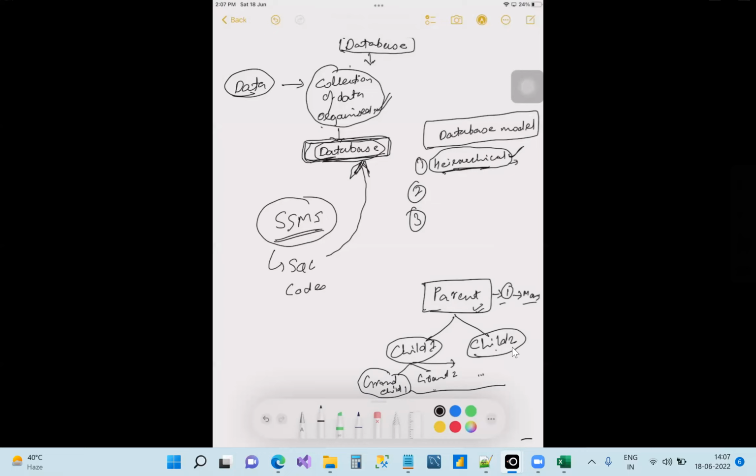We call this a hierarchical database management system. Then we have second, the network database management system. And third, we have the relational database management system, RDBMS. Understand the difference between all of them. That is very, very important.